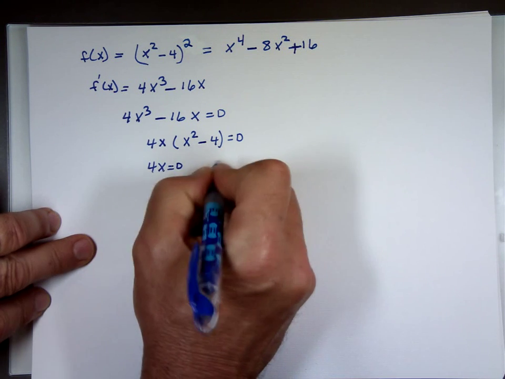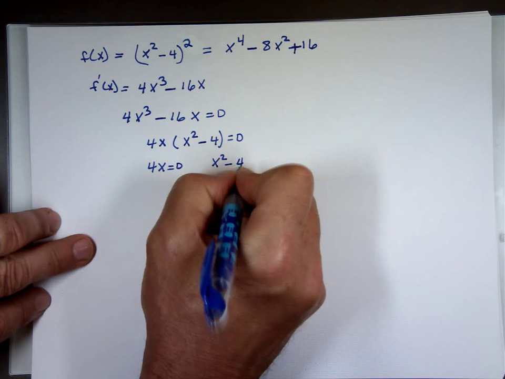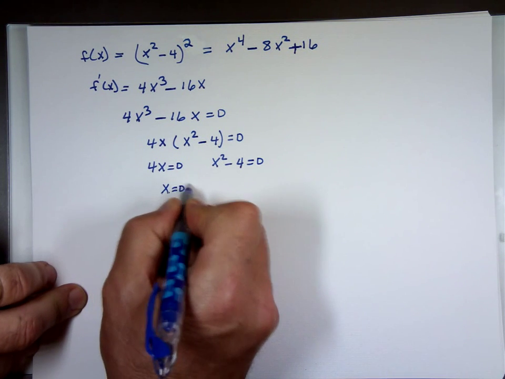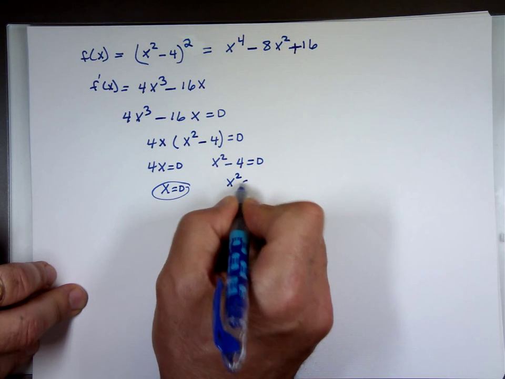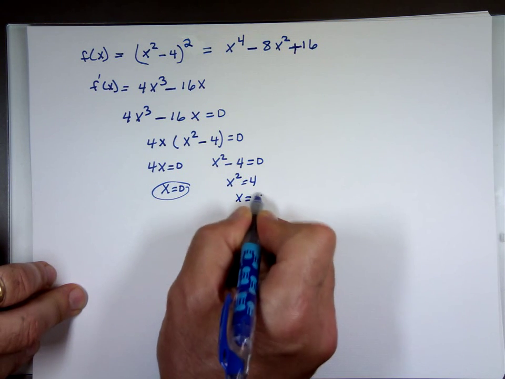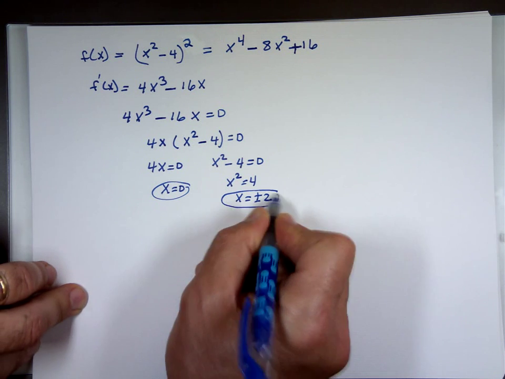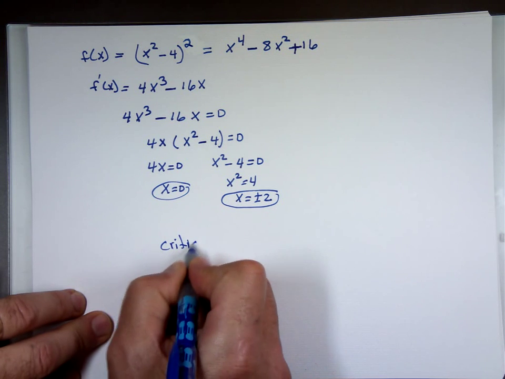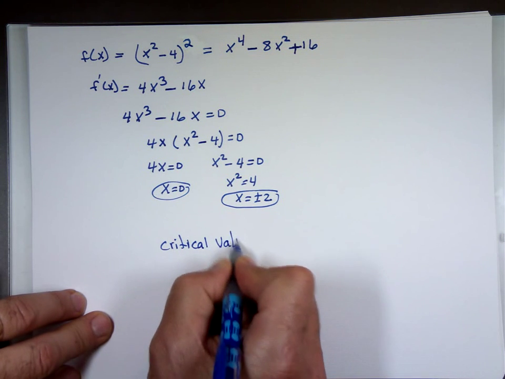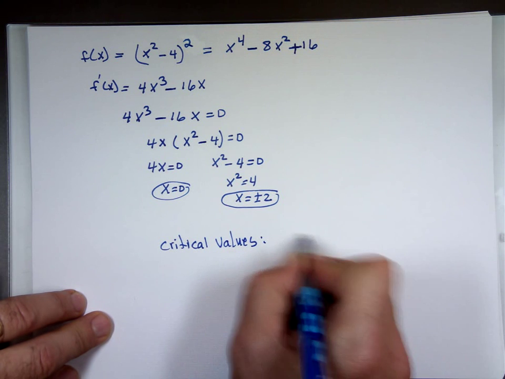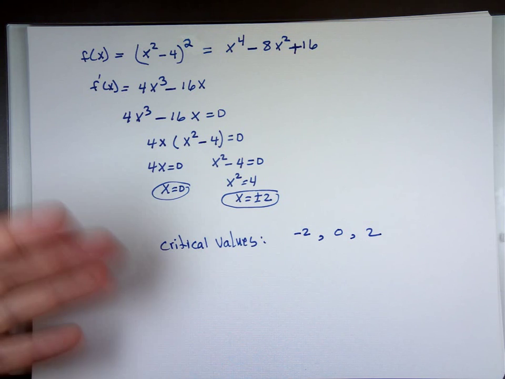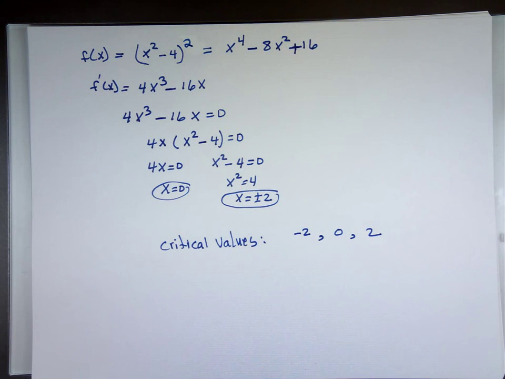When I say set it equal to 0, that means set each factor equal to 0, and solve it. So we have critical values of -2, 0, and 2. I can tell you I did not plan for this problem to fall like this, be beautiful, but it did work out nicely, just luck.